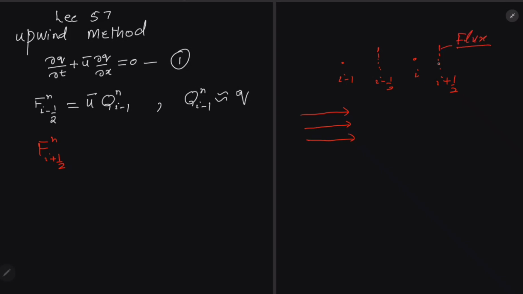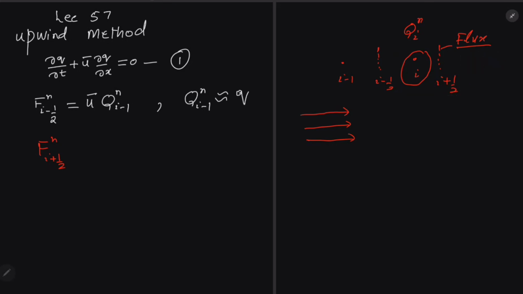The flux that will exit from this I plus 1 half is this quantity, at level n, and this is I. So we can get the flux on I plus 1 half from the left side, since there is nothing on the right.